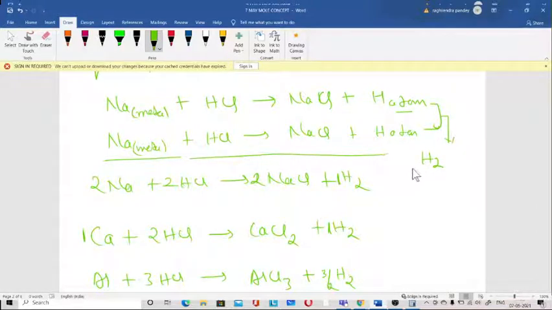So if there is a statement that 1 mole sodium, suppose I can write like this also, 1 mole sodium will produce half mole of hydrogen.